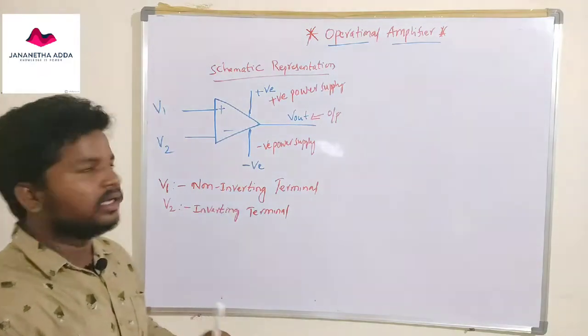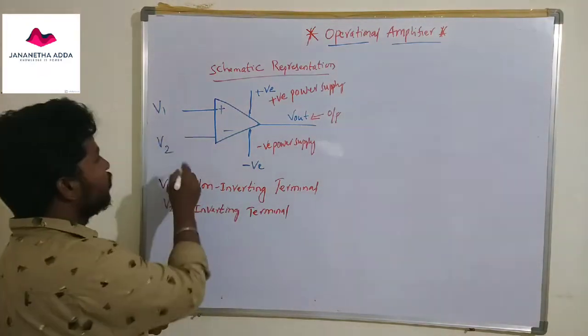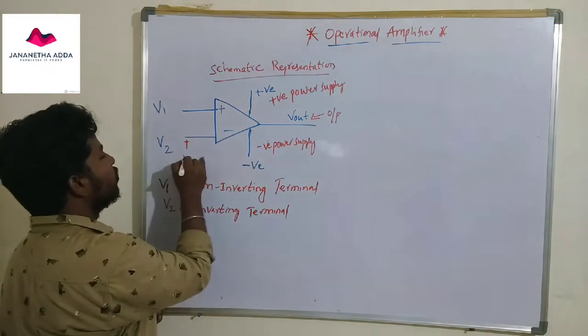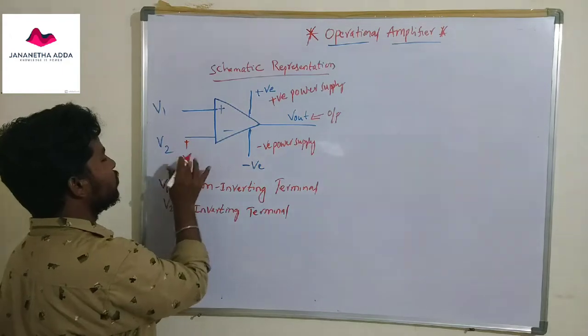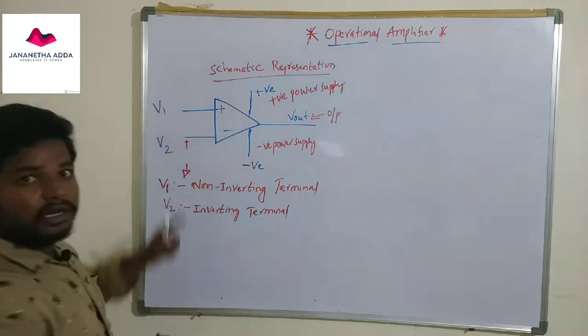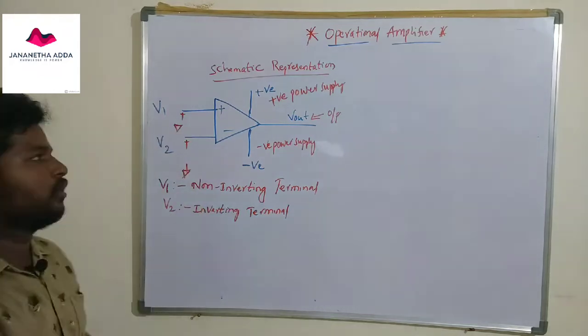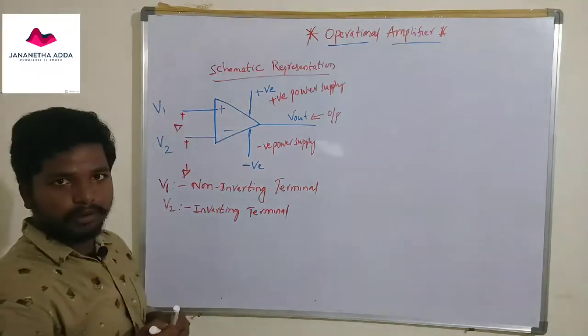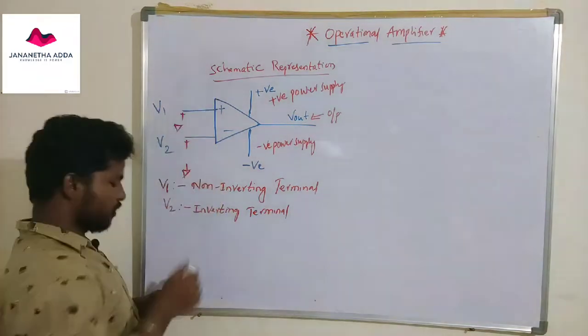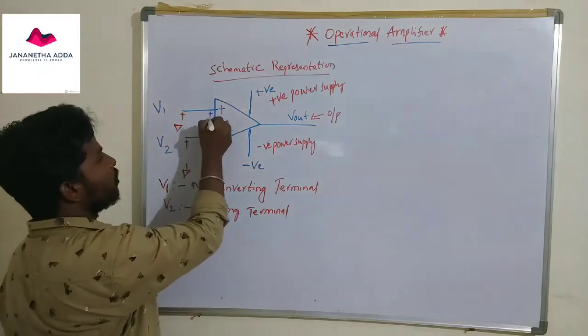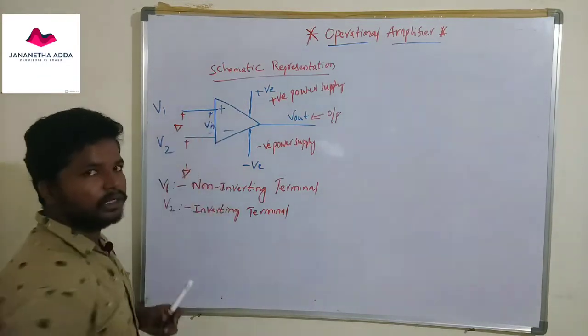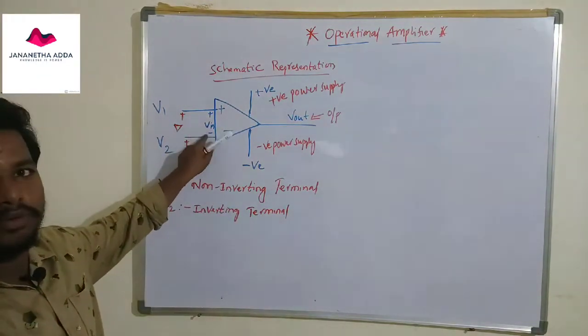When I say that V1 is with respect to ground, I am representing it with a ground. V1 is not with respect to the other terminals, and it has an input resistance and accepts the input V in only.